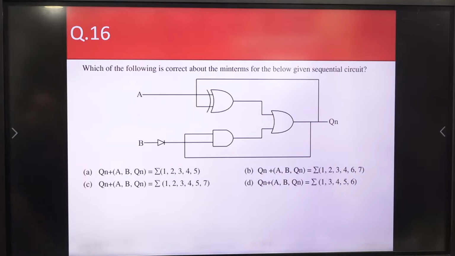So in this question, which option will be the correct answer?